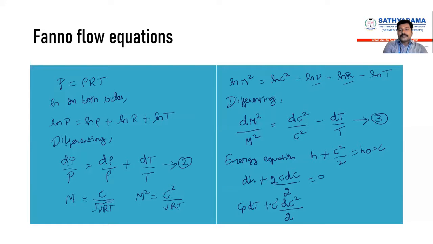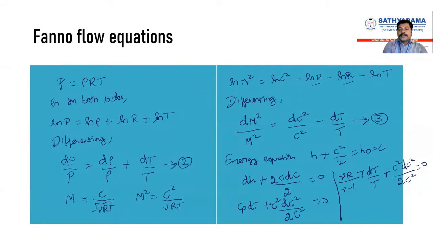You multiply and divide by C square. And what is your Cp? Your Cp is gamma R divided by gamma minus 1, and you multiply by T in the numerator and divide by T in the denominator.